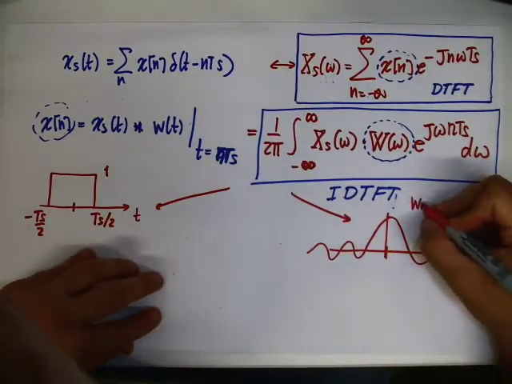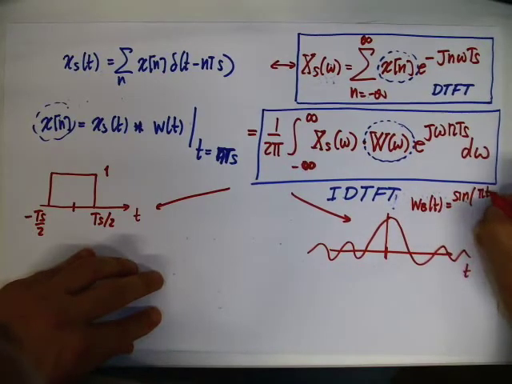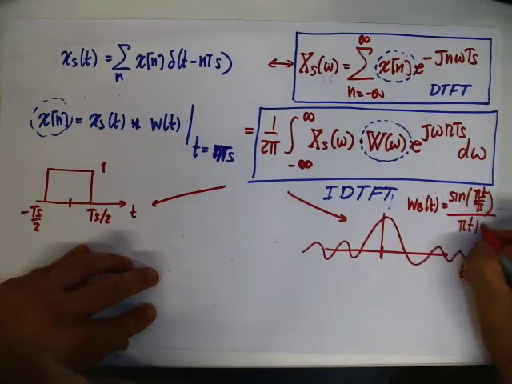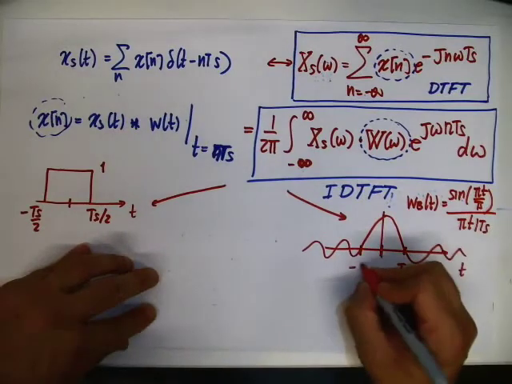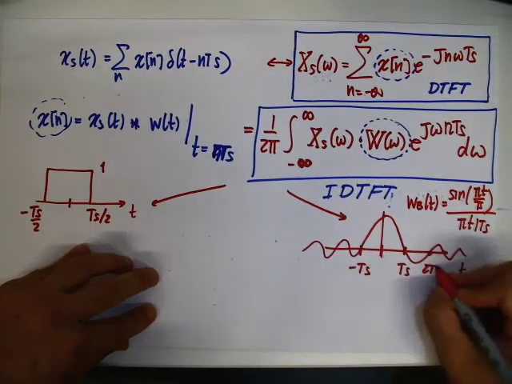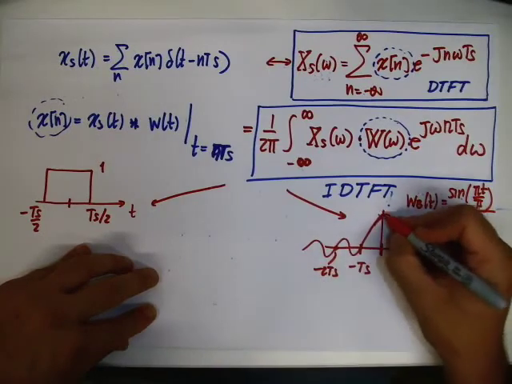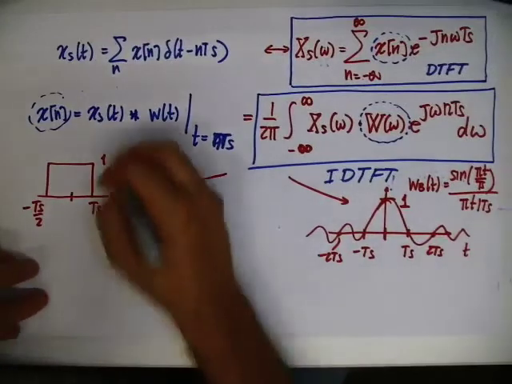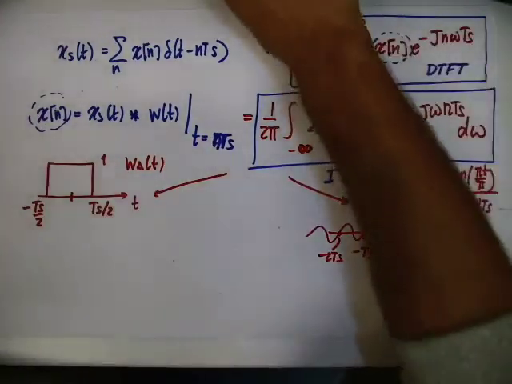So this is basically w_b of t, sine of pi t over Ts divided by pi t over Ts. So you see that here we have Ts, minus Ts, 2Ts, minus 2Ts, and here is 1. And here we have w_a, which is simply the box function.